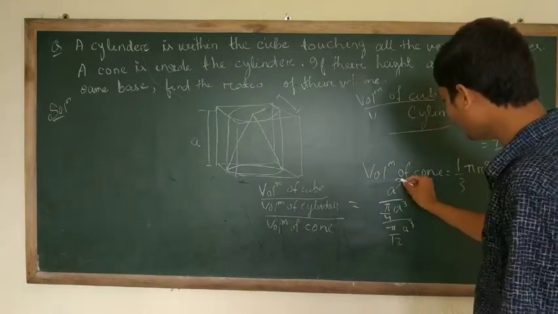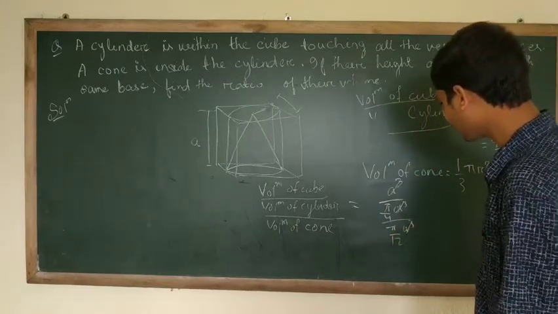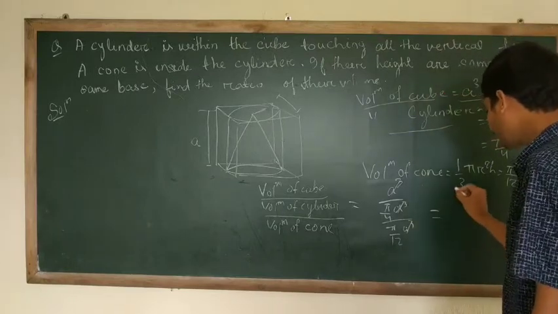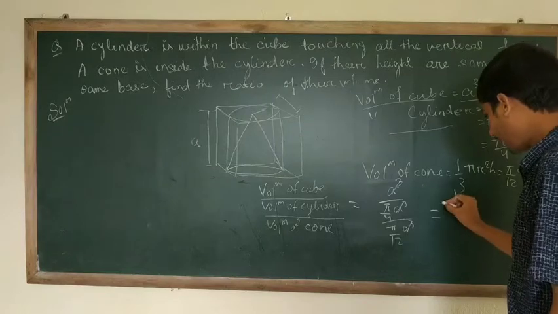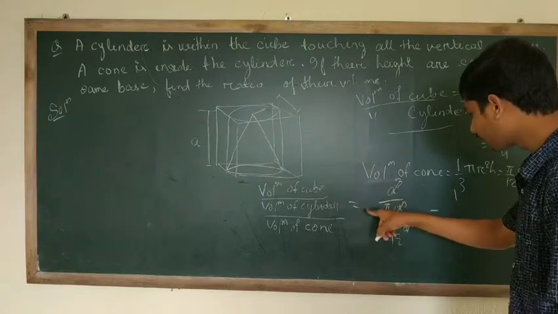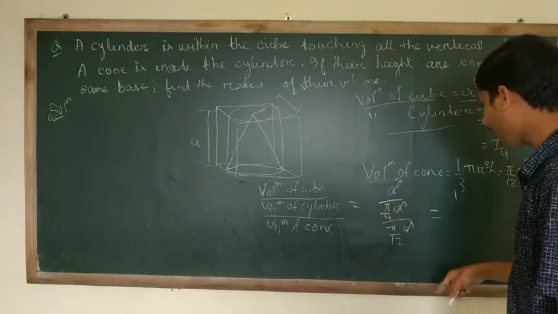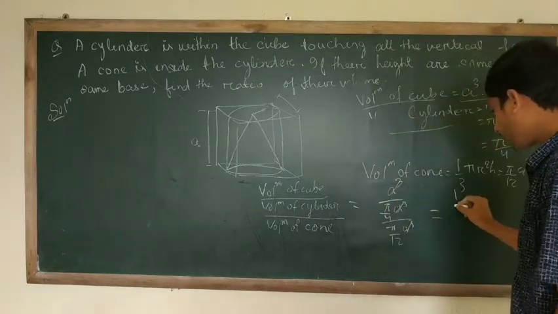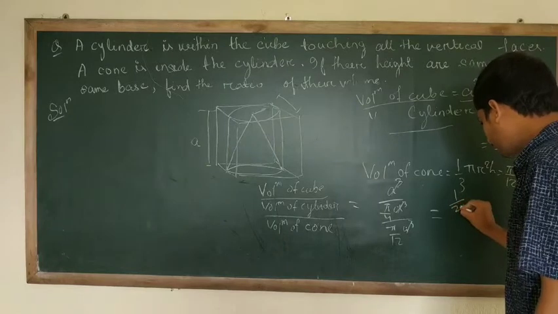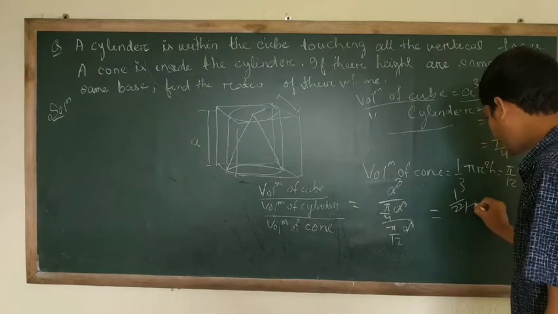So a cube and a cube will get cancelled. We are remaining with 1 and this will be pi by 4. So let's multiply with pi by 12. This will be how much?